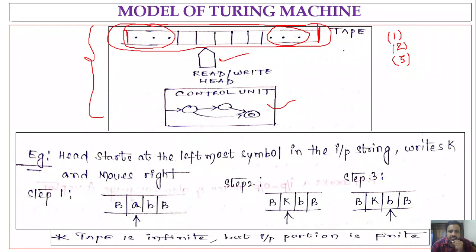Whenever this property or configuration of the input tape varies, we get a new version of the Turing machine.